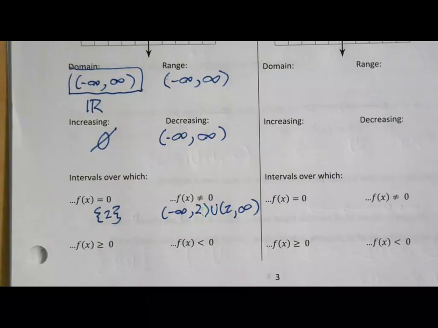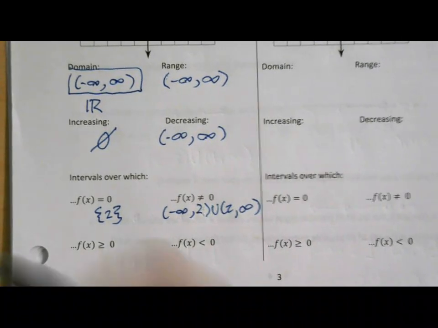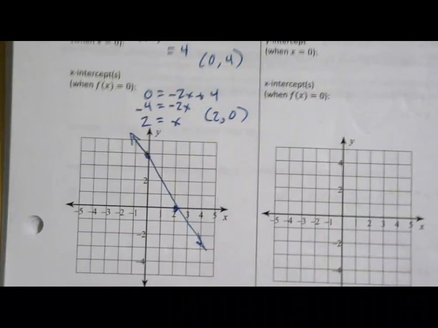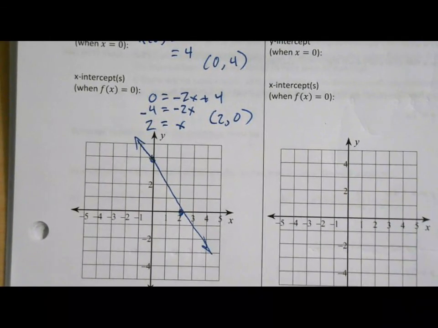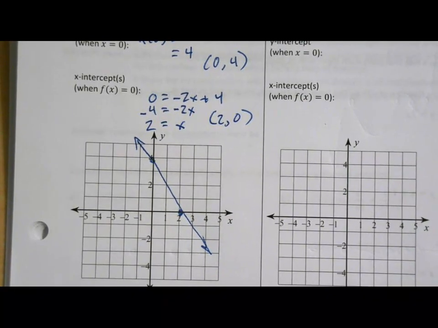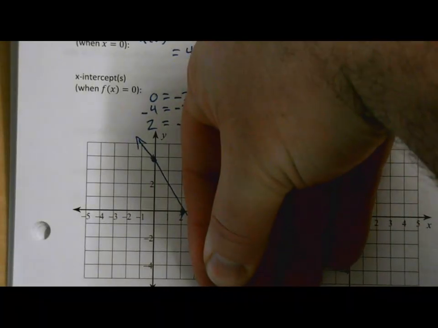I'm going to leave the last 2 to you guys. We'll check them together in just a moment. Look at your graph and tell me for what x values are the y values greater than or equal to 0? It's basically that part of the graph there, right?